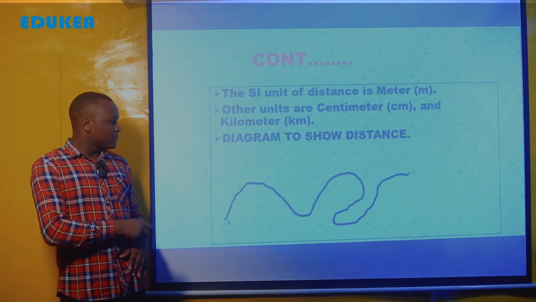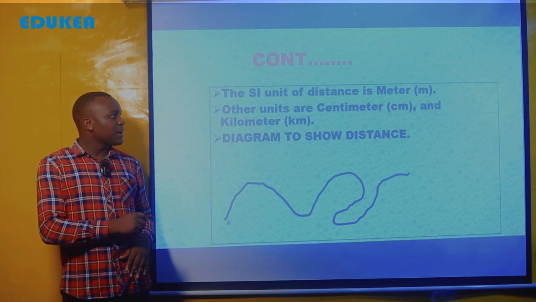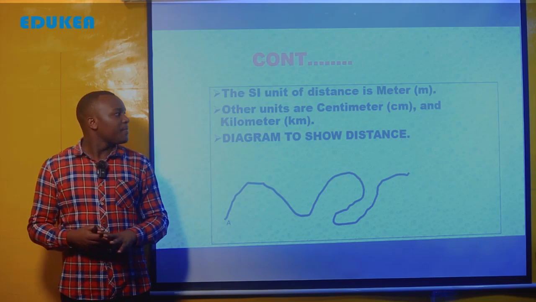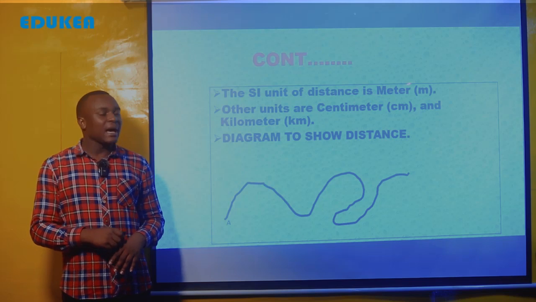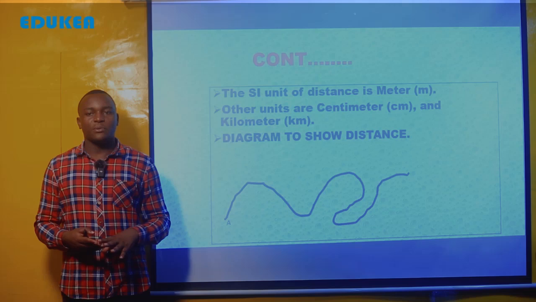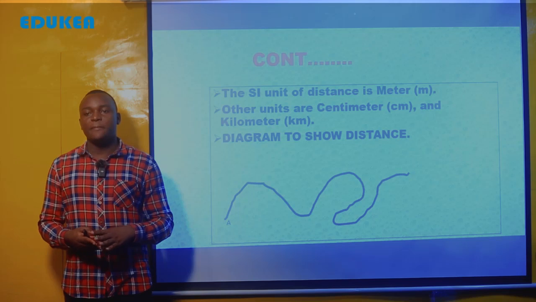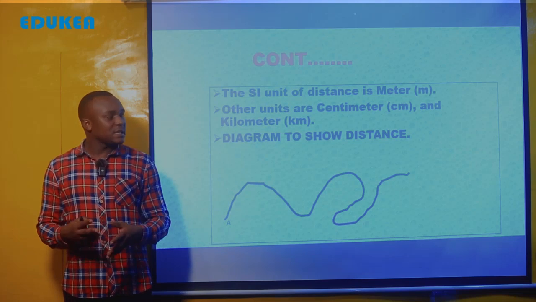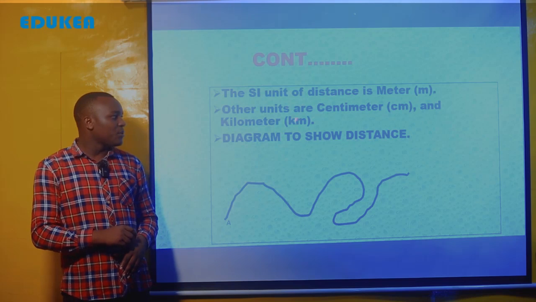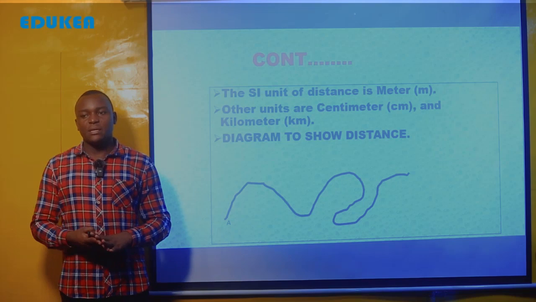The SI unit of distance is meter, but we can use other units to express the distance. Kwa mfano tunatumia mita au kilomita au units zingine za umbali au urefu.